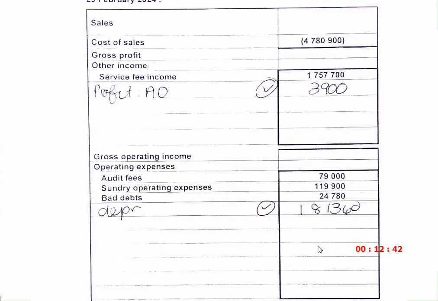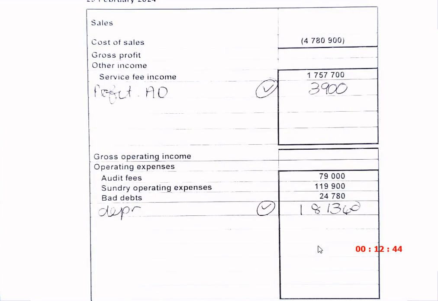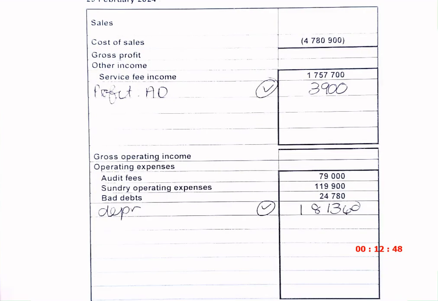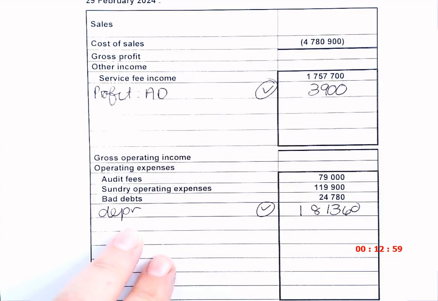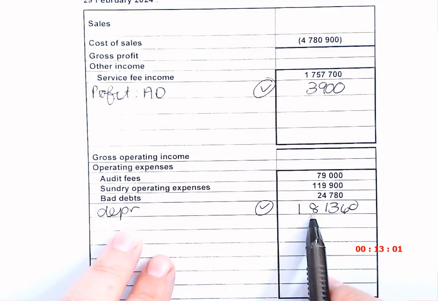So let's start. So now let's have a look. So we've done number B, that is, we still need to depreciate equipment, right? So the depreciation isn't just that 181,360. Am I right?